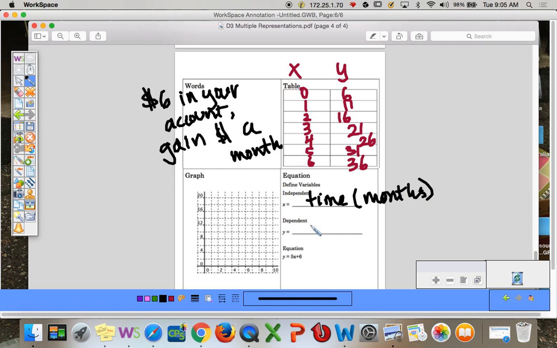And Y will be the amount in your account. Here's our equation. Let's graph. So at 0, we got 6. At 1, it's 11. At 2, we're all the way up to 16. At 3, it's up to 21, and that's all we can fit on this graph. All right, so we've practiced looking at equations, words, tables, graphs, and this is what we're going to spend the next 3 days on in class.